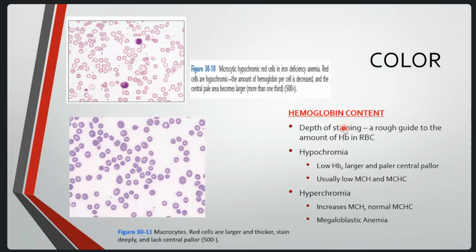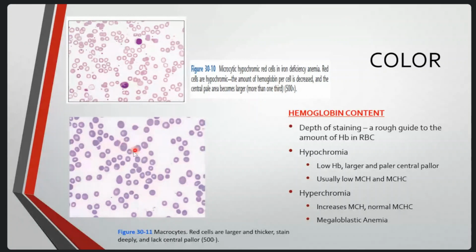There is lesser hemoglobin content if it's bright pink, and of course, when you do your staining, it will be lighter compared to a normal hemoglobin patient. So in hypochromia, when there's low hemoglobin, the central pallor is larger, and they usually have a low MCH and MCHC.